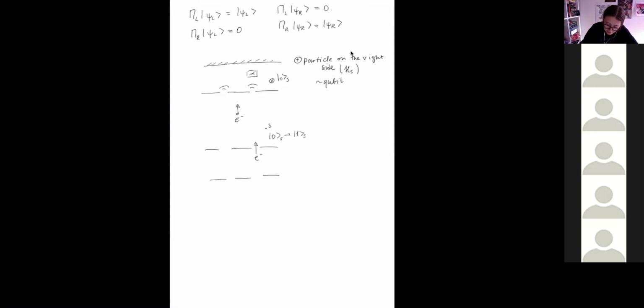If it goes through the left slit, then nothing happens. So I'll just note it here that the particle is sensitive to the presence of the electron.